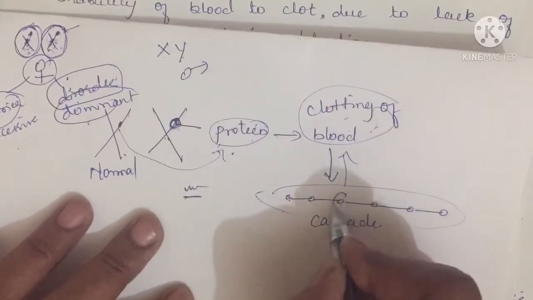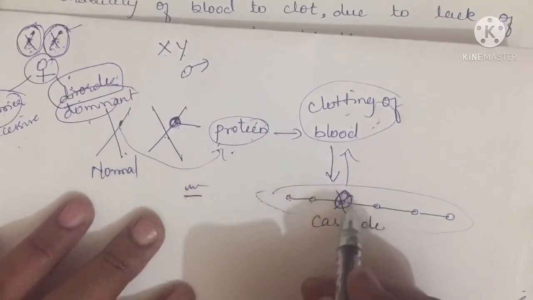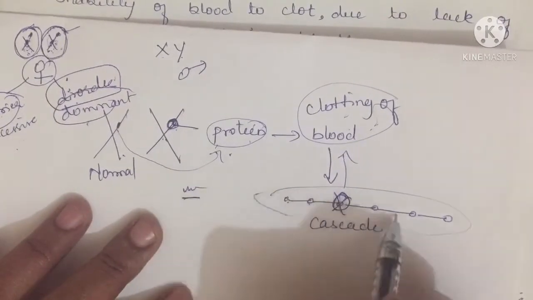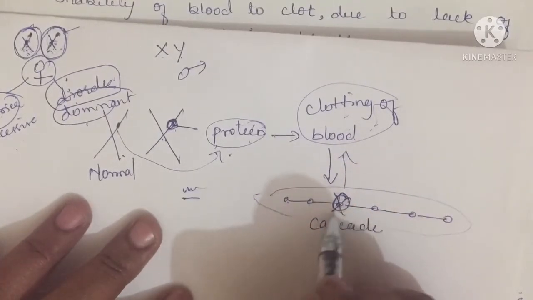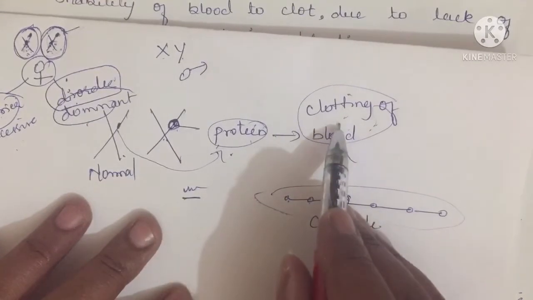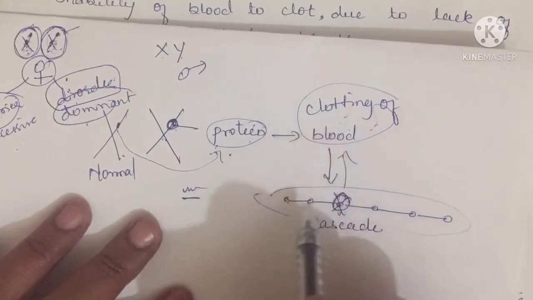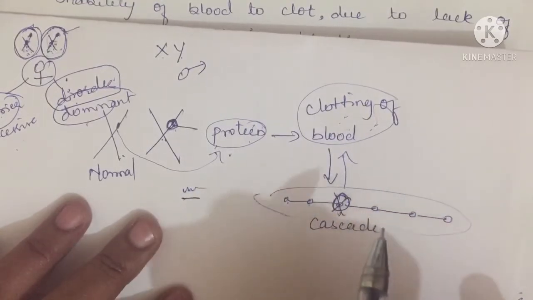But in this, one protein is not produced. Other proteins are produced as they should be, but only one protein is not produced. Because that one protein is not produced, it is going to affect the clotting of blood, which means every protein in this cascade is very important.